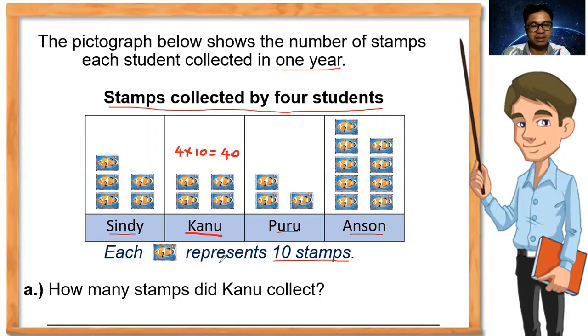So Kano collected 40 stamps. This is how to read and interpret a pictograph.